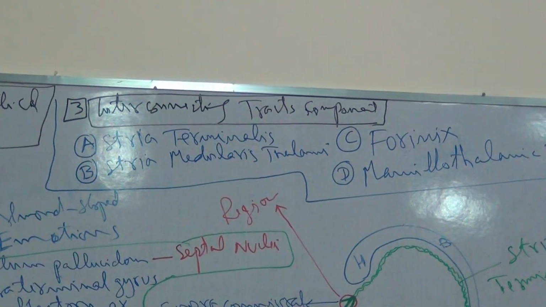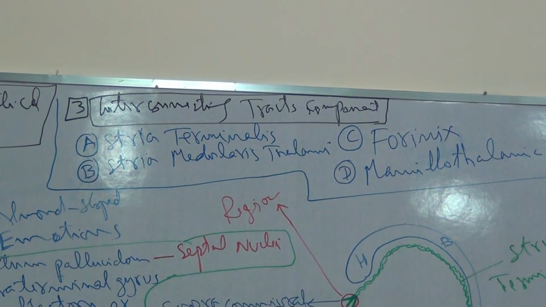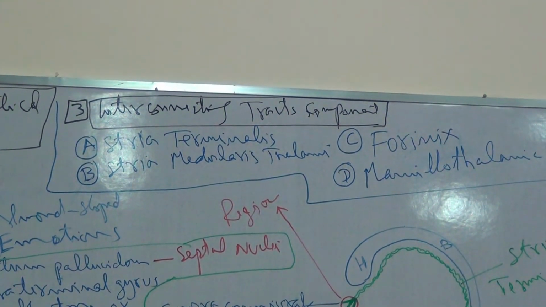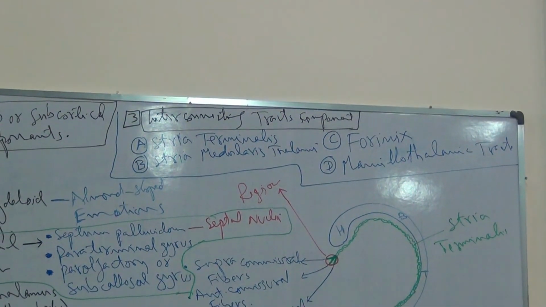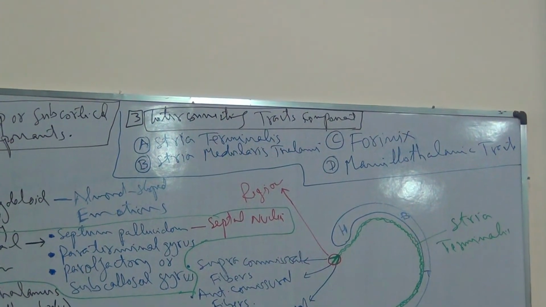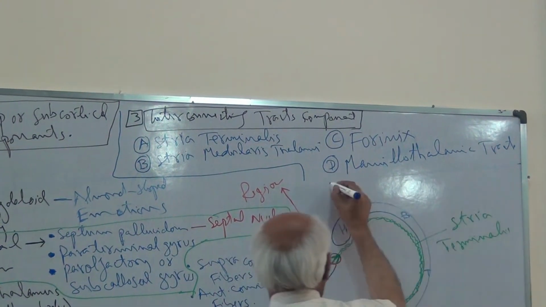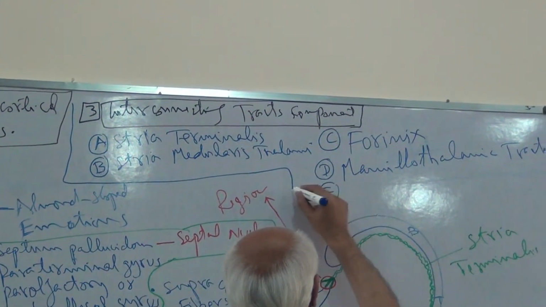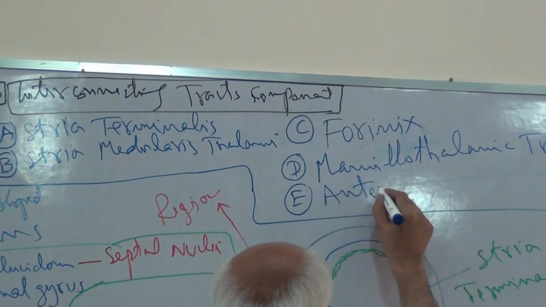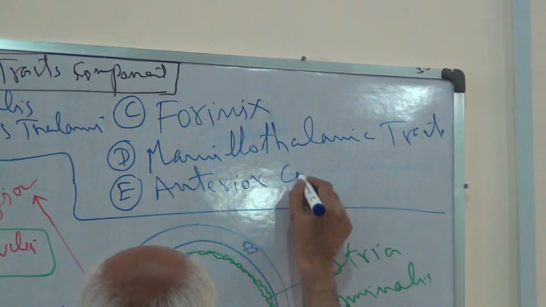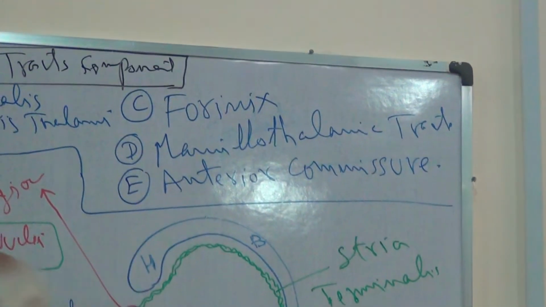These are some of the tracts which interconnect different parts of the limbic system, and are mainly located nearly in the middle between the deeper component and the outer component. And another very important tract is the anterior commissure.